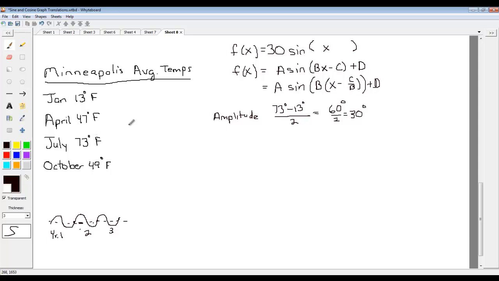If we take the 13 and the 73 and find their average, that'll tell you what temperature's in the middle, right smack in between them. So you take 86 over 2, you get 43. This will help you to see about your vertical shift.